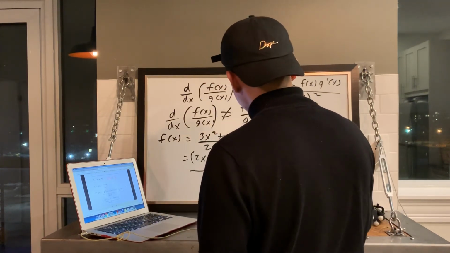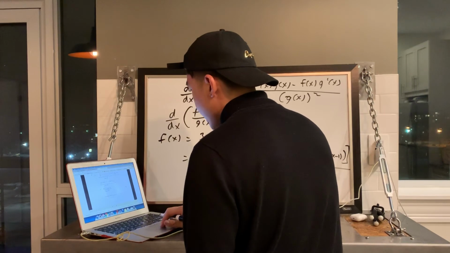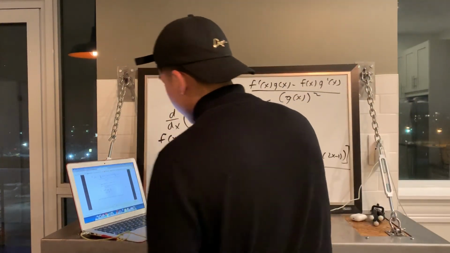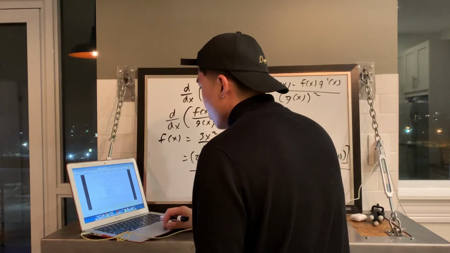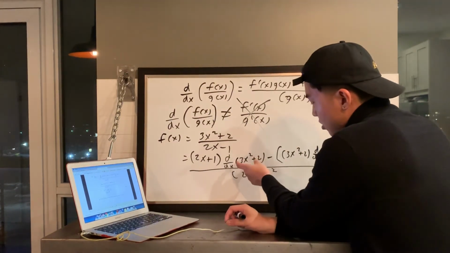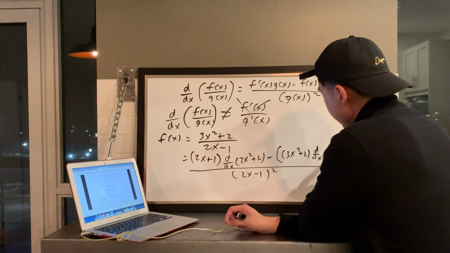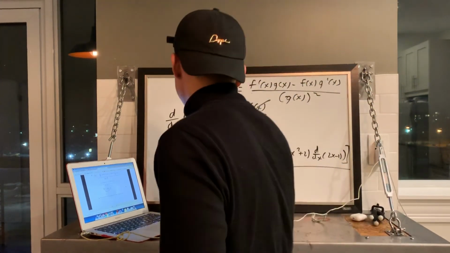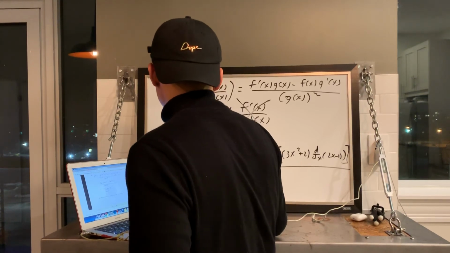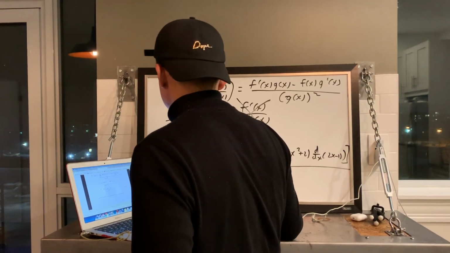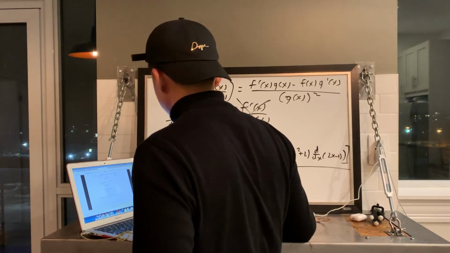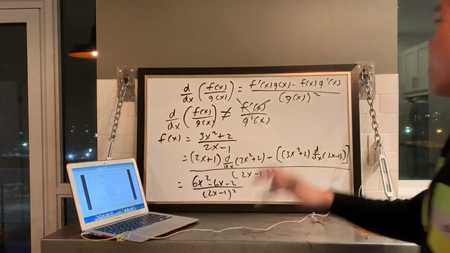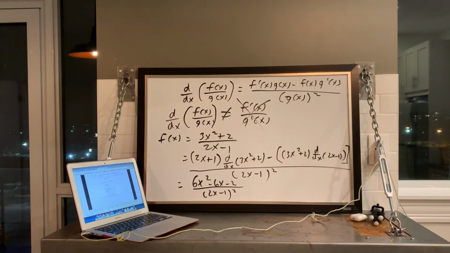So if you do all that, you take the derivative of 3x squared and all that jazz. If you take this derivative, which is 6x, and this one, which is 2, and you end up doing all your algebra, you should get something along the ballpark of 6x squared minus 6x minus 2 all over 2x minus 1 squared. So that's what you should get if you did all the FOIL and algebra.